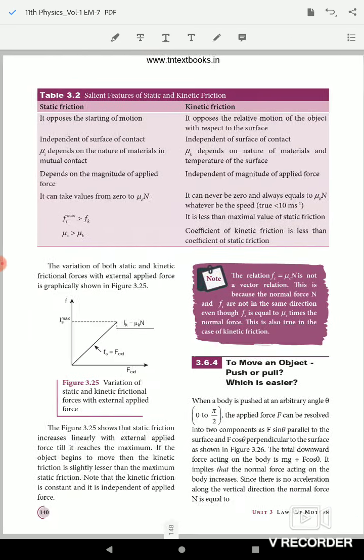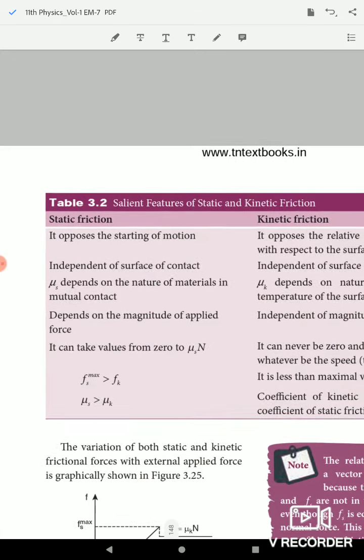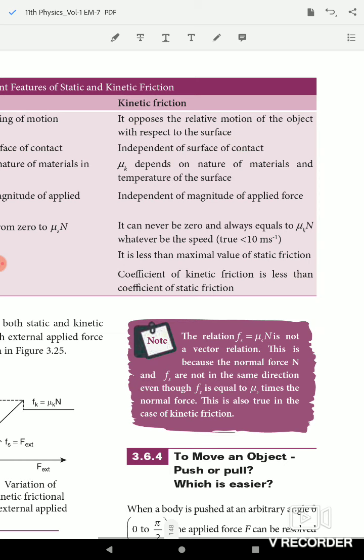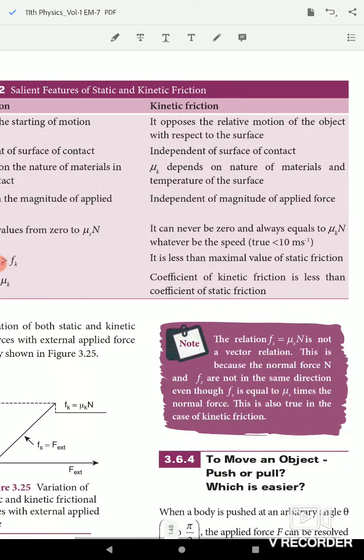So next one is the salient features of static and kinetic frictions. Static friction opposes the starting of motion. Kinetic friction opposes the relative motion of the object with respect to the surface.